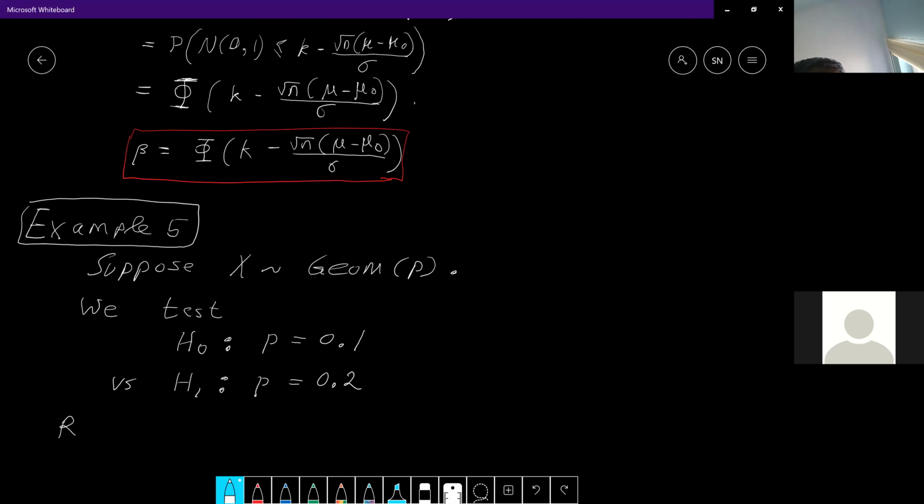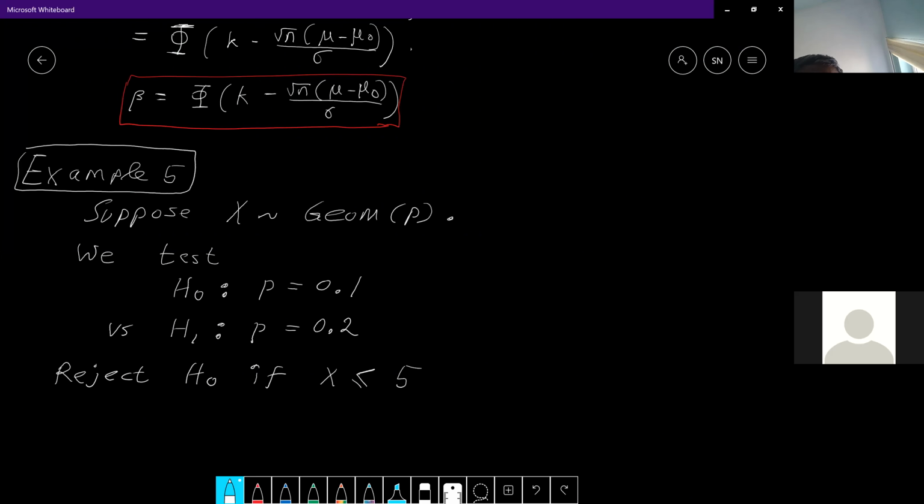Suppose you reject H0 if X is less than or equal to 5. And the question is to find alpha and beta.